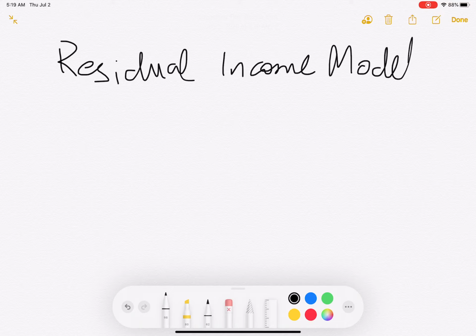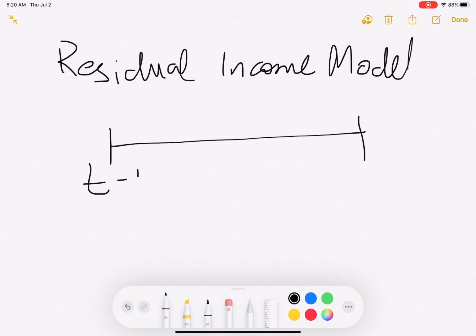Now over here the idea is that we try to find the price of the stock based on the residual income. But in order to first find out the residual income, we need to understand a few concepts. So for example, this is the end of time period t minus 1, and the investor has staked some investment in the stock, and that is actually also the book value of the equity.